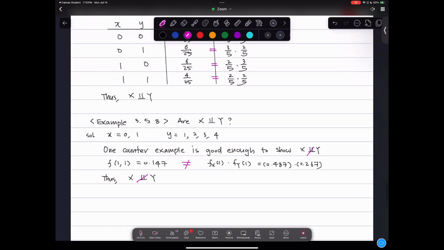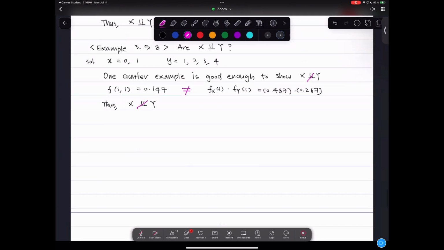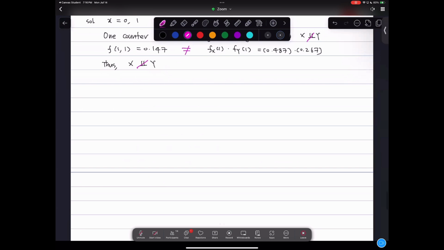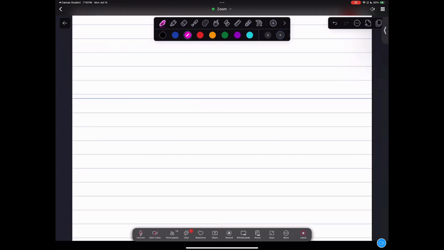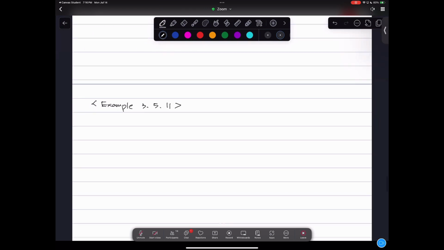Are we good so far? So this is for the discrete case. Now the continuous case is a little easier. Let's do the same kind of example. It's in the book, 3.5.11.